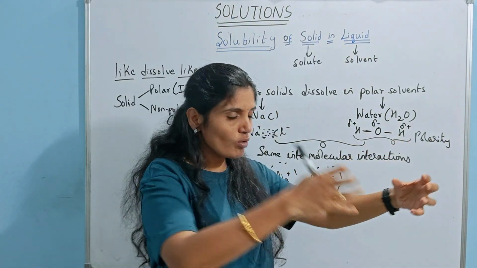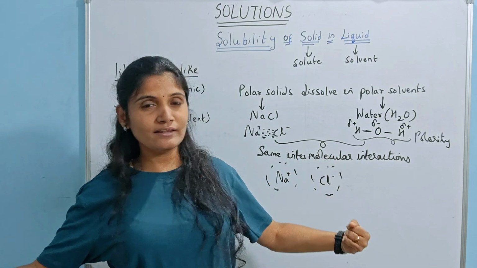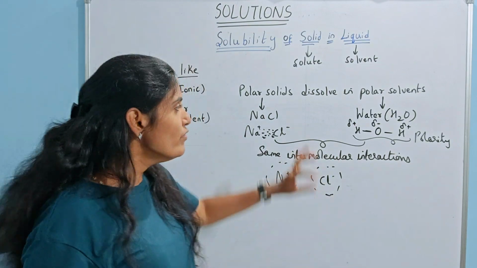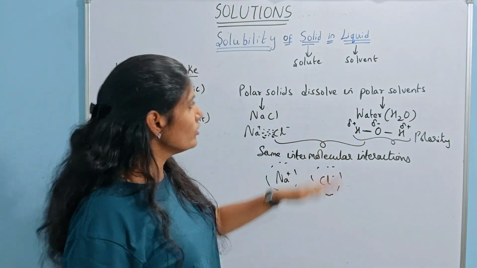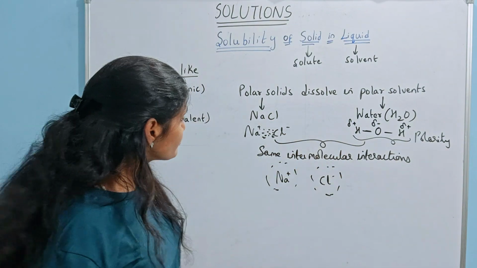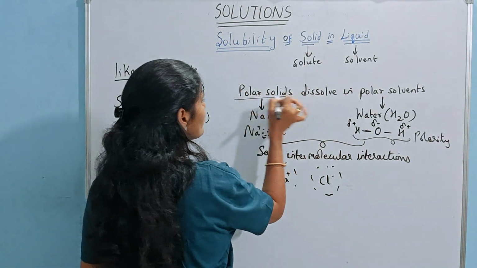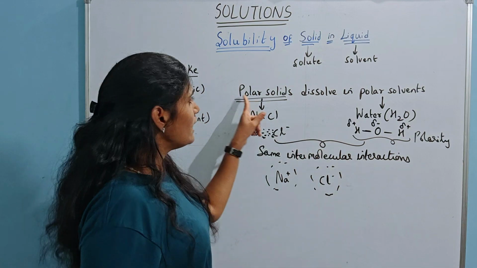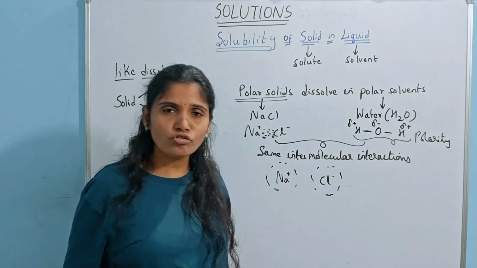Like that, H2O molecules individually trap Na+ and Cl- and take these ions away from each other. This is how polar solids dissolve in polar solvents. Like dissolves like, so polar solids are soluble in polar solvents.